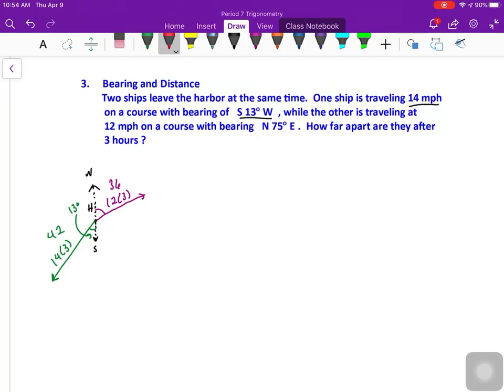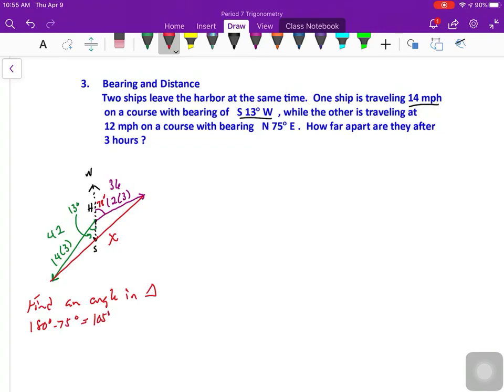So it's 12 times 3. So that's 36. And then we're looking for how far apart they are. So once again, we're looking for the connection between those endpoints. Right there. Well, I think this is going to be the law of cosines again, but first we're going to have to find an angle in the triangle.